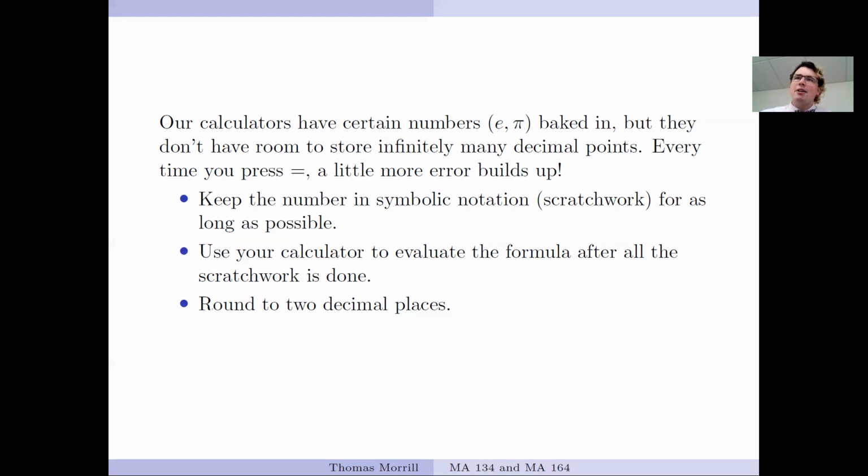Once you do give it to the calculator, my preference is that we use just regular decimal expansion, so integer part decimals, and that we round to 2 places. Other classes will have other standards for how many figures is significant. Are we more concerned about the magnitudes of these numbers rather than the full expansion of those integer part and the decimal part? And that's very well and good.